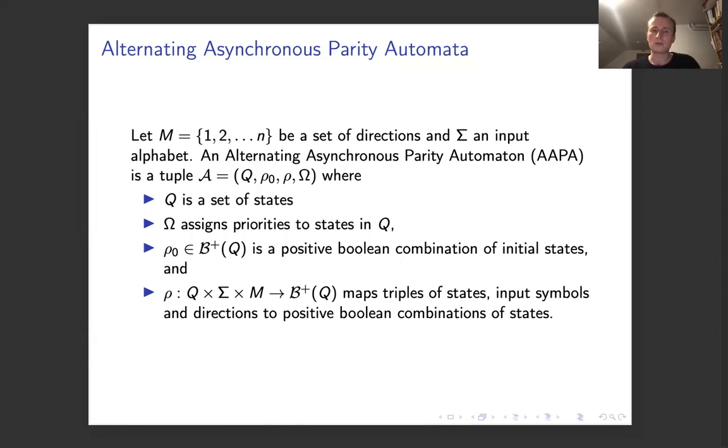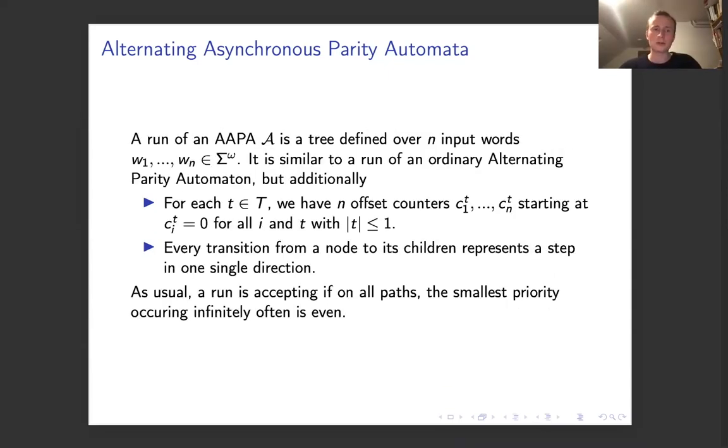And of course, since we operate over multiple input words and we want to progress asynchronously, we need to describe which direction we want to take. So as you see in the last line, the formulae also have to take directions into account. I also briefly want to comment on the notion of a run of an AAPA, which is very similar again to the notion of a run of a classical alternating parity automaton over words.